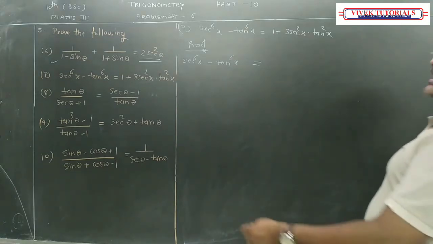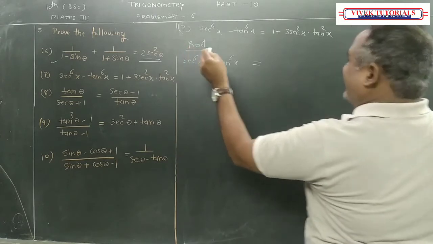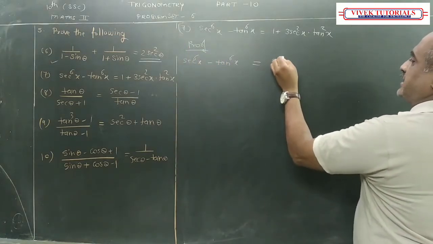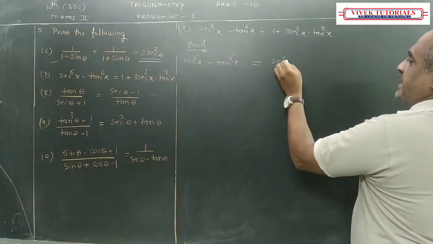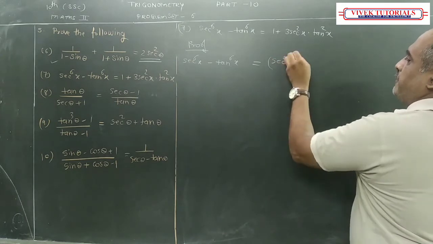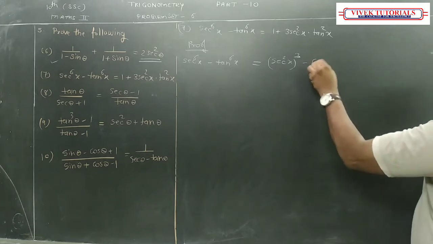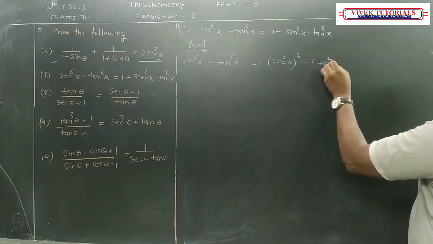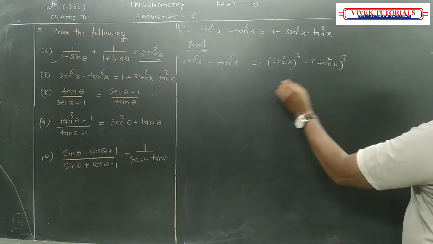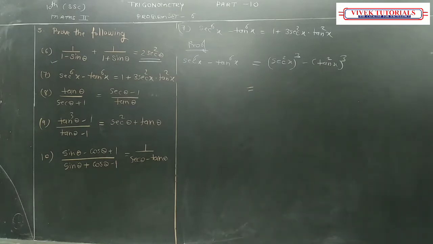So we try to put it in the form of raised to 2. That is nothing but sec raised to 2x the whole cube minus tan raised to 2x the whole cube. Now it is in the form of a cube minus b cube.